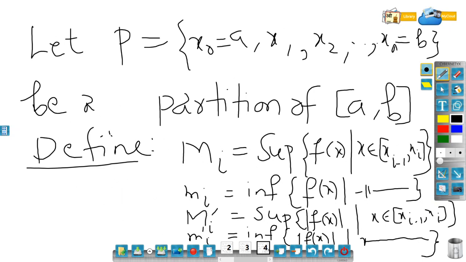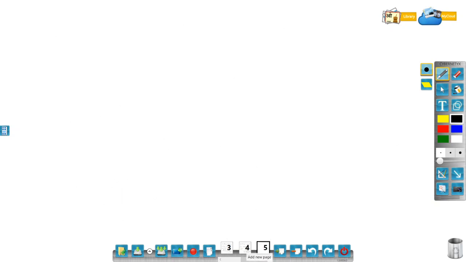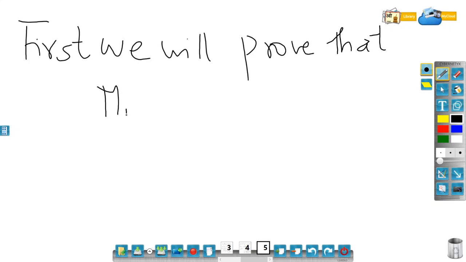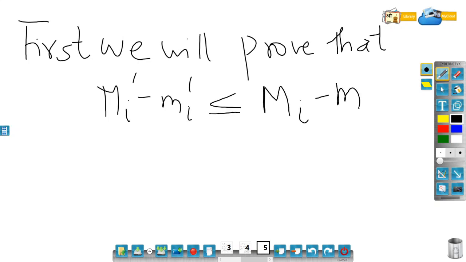So let's write down. First we will prove that capital Mi dash minus small mi dash, that is, the supremum of mod f(x) and the infimum of mod f(x), is definitely less than or equal to capital Mi minus small mi.